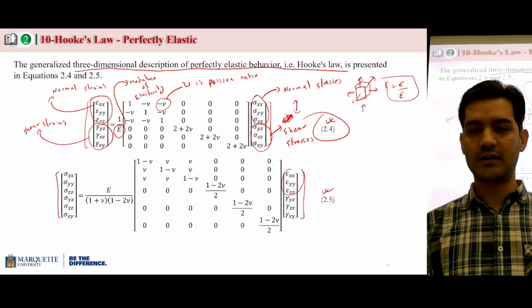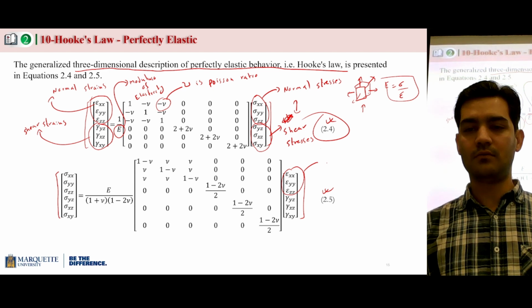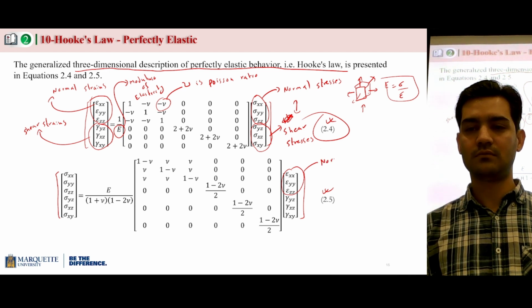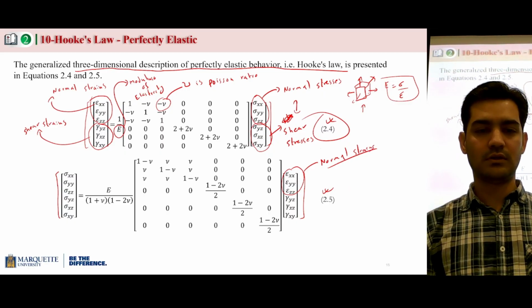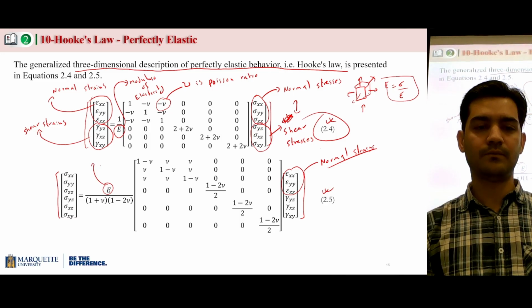So these are normal strains. And this is the modulus of elasticity.